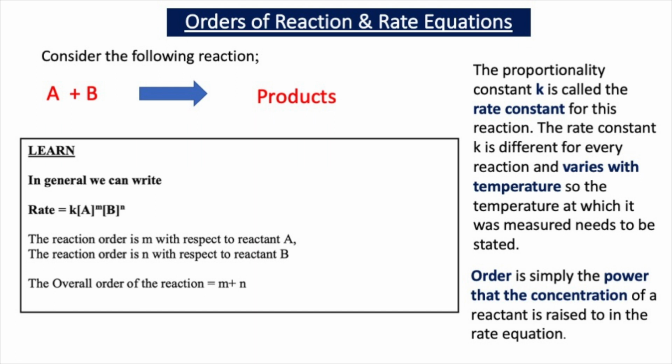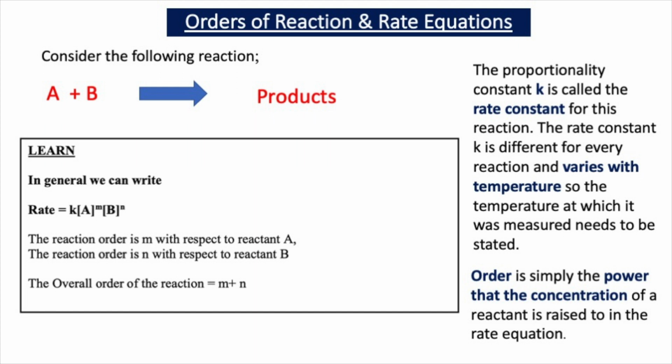The reaction order is m with respect to A. It's the power that the concentration is raised to in the rate equation. And the reaction order is n with respect to reactant B, because the concentration of B is raised to a power n. The overall order of the reaction is m plus n.